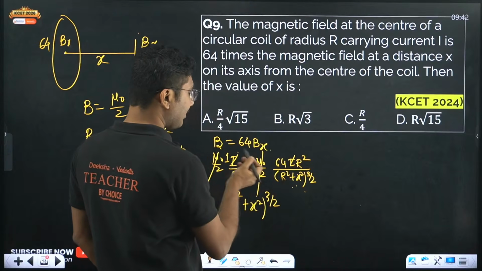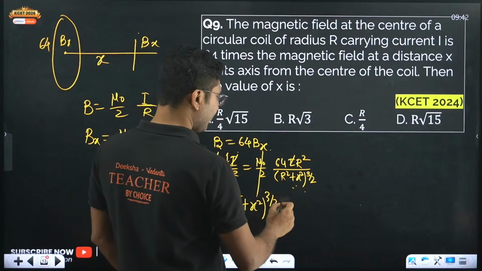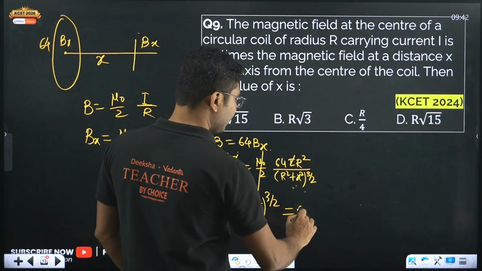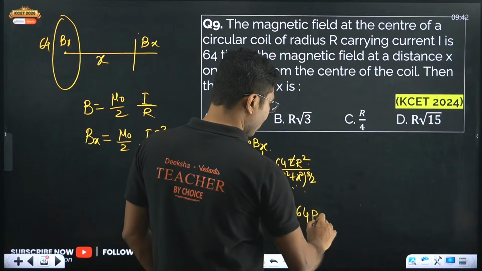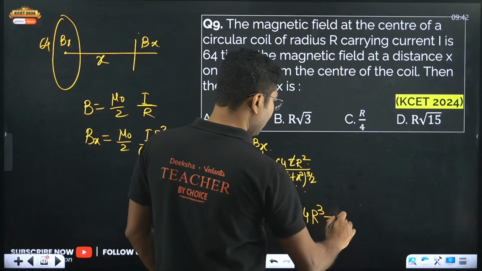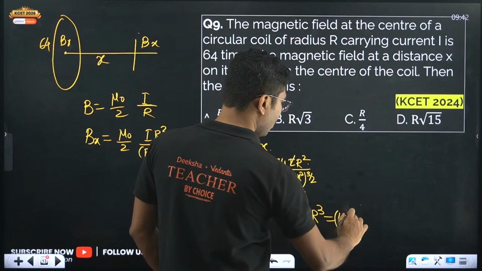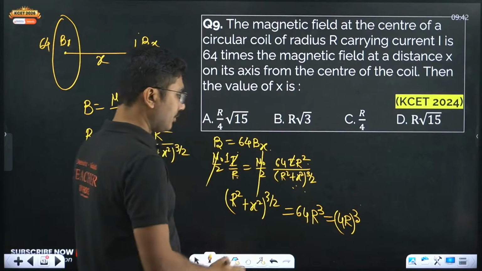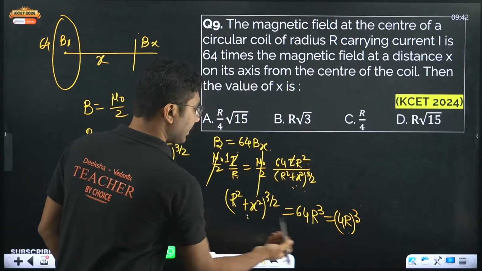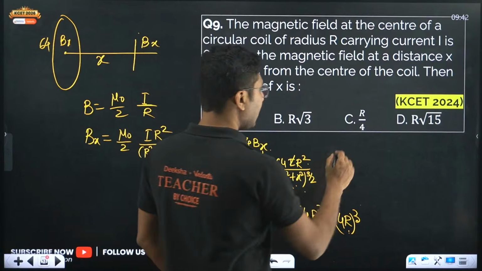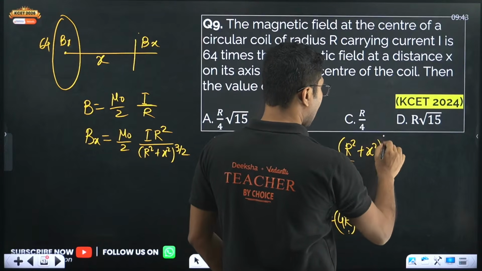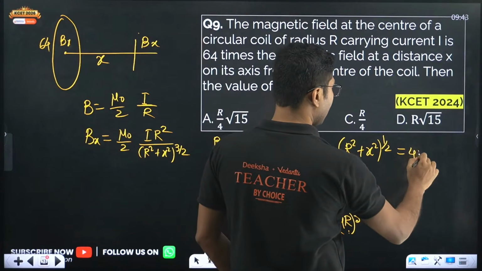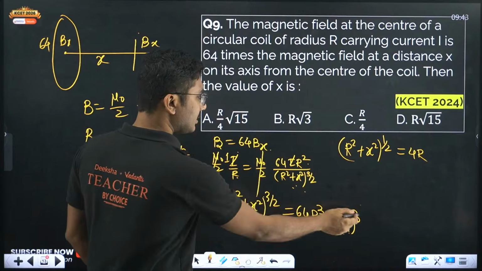So you cross multiply: 1 into R square plus x square to the power 3 by 2 equals 64 R square into R, that is R cube. That will be 4R whole cube. Now if you take the cube root on both sides, you get R square plus x square to the power half equals 4R, right? This cube and this cube are gone.